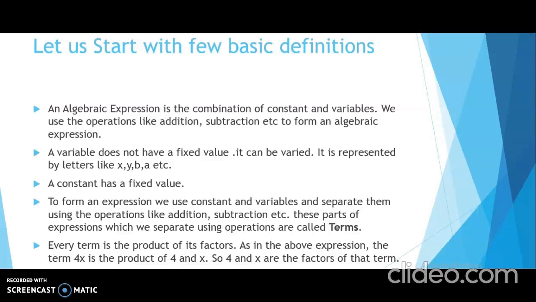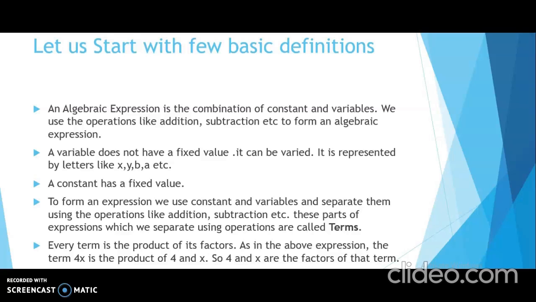A variable does not have a fixed value. It is varied and it is represented by letters like x, y, b, a, c, etc. So 4xy plus 3ab. xy are the variables and ab are the variables. Constant.